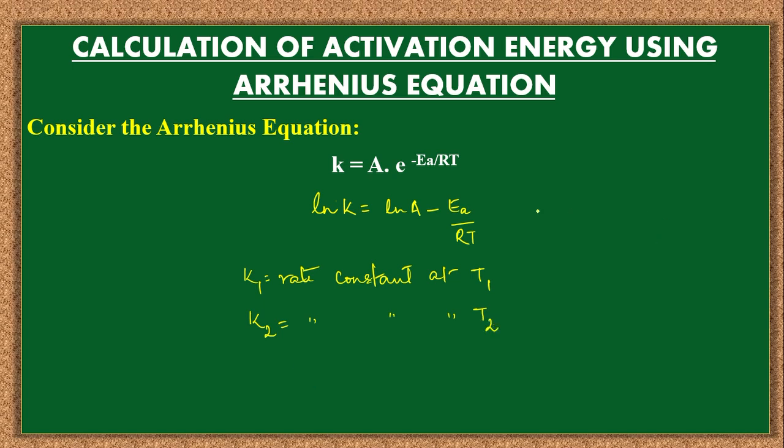Suppose this is equation number 1. So, substituting the value of K to be equal to K1, we can have an equation like this: ln K1 will be equal to ln A minus EA by RT1. Suppose this is equation number 2.